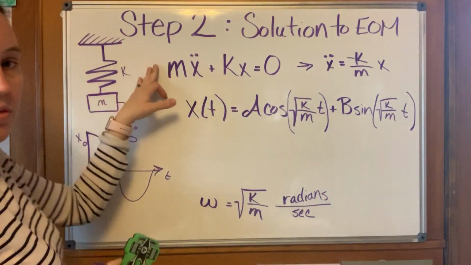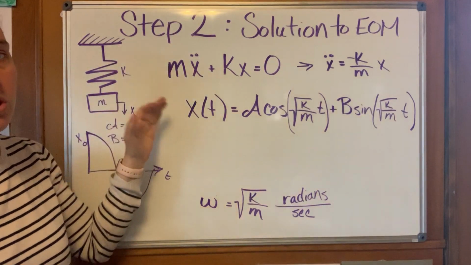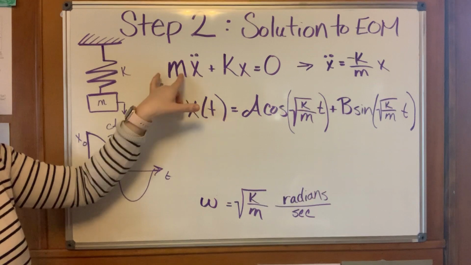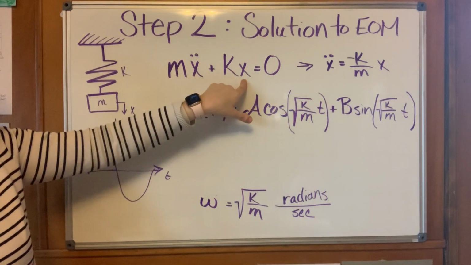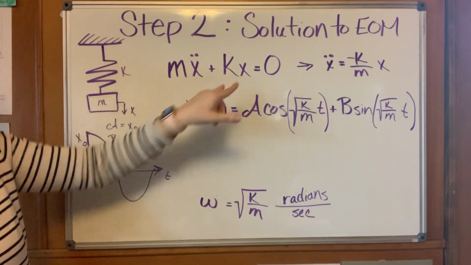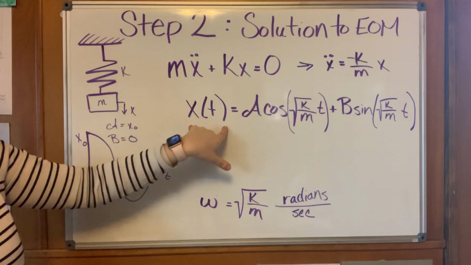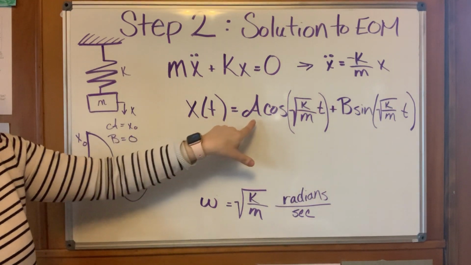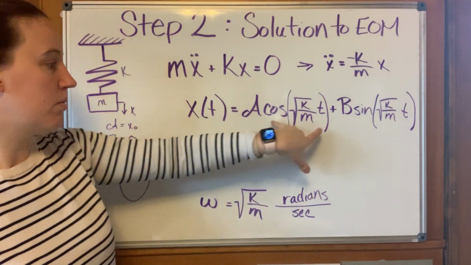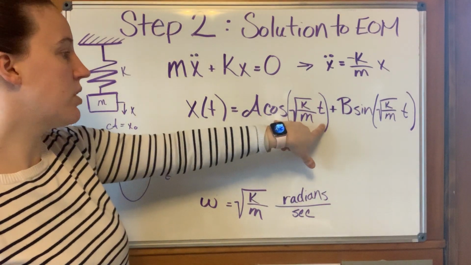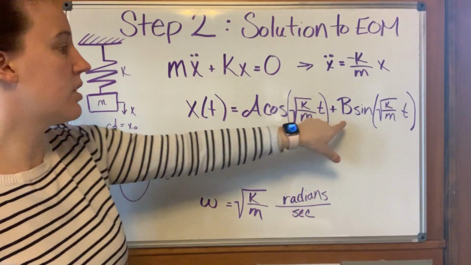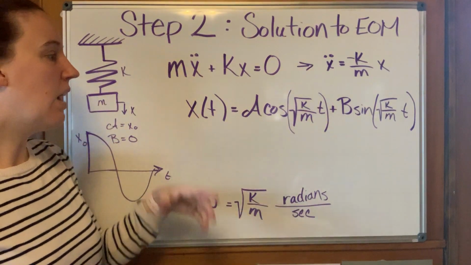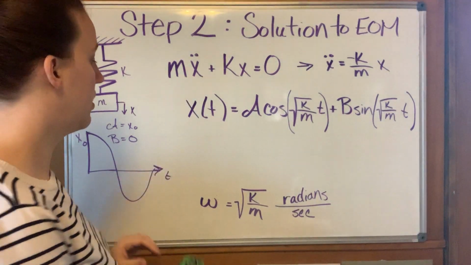So the way to solve these problems is you get this equivalent mass. Whatever's multiplied by the x double dot is the equivalent mass. Whatever's multiplied by the x is the equivalent stiffness. And then you have some solution x of time equal to some amplitude of some cosine wave with this frequency, and some amplitude of some sine wave with the same frequency. And then you would be able to solve, right?